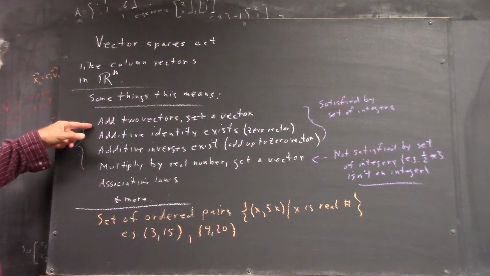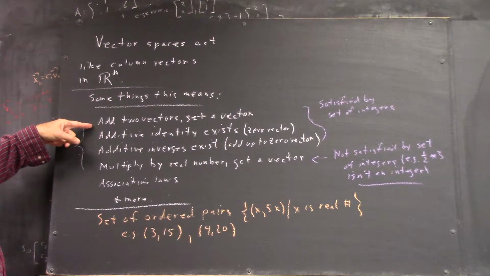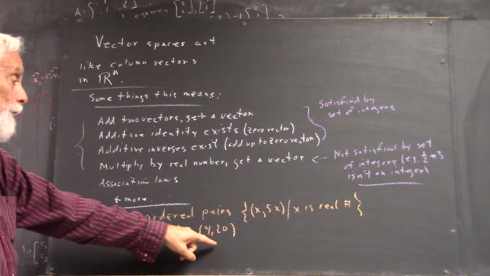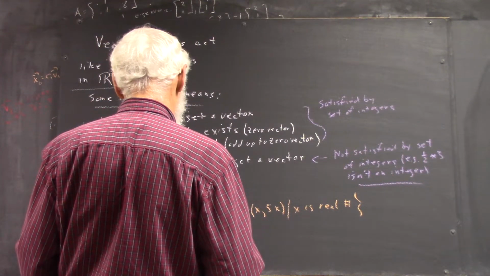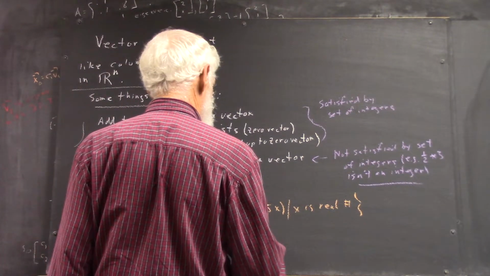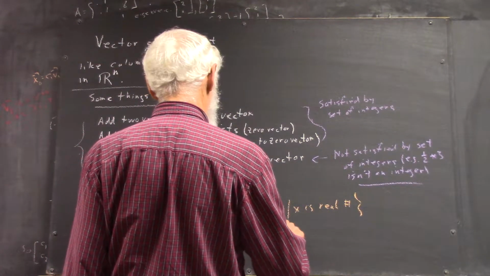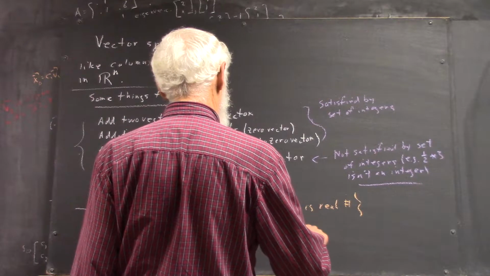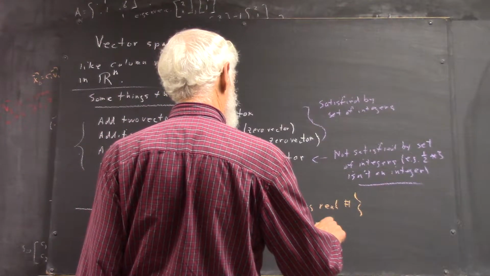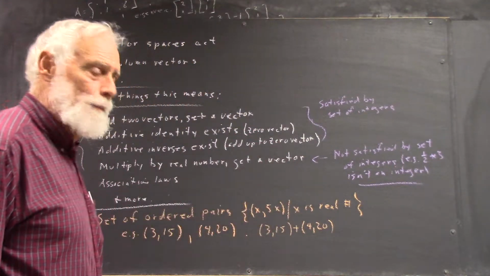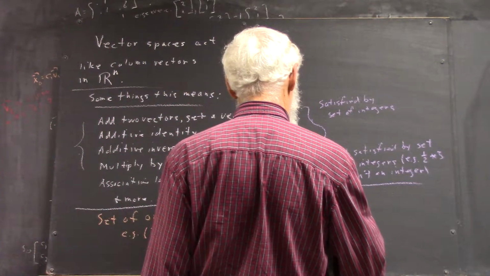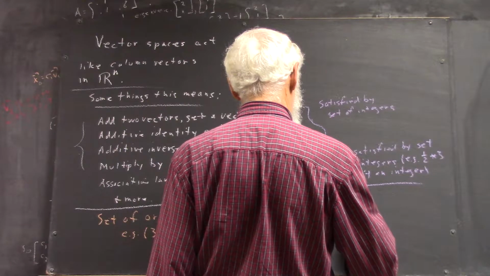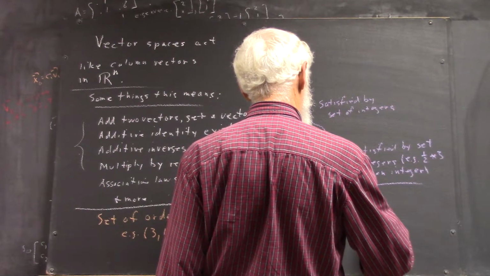So if I add these, what do I get? Well, this plus this, and we're using, I haven't written out rigorous definitions, okay? 3, 15 plus 4, 20 is 7, 35.